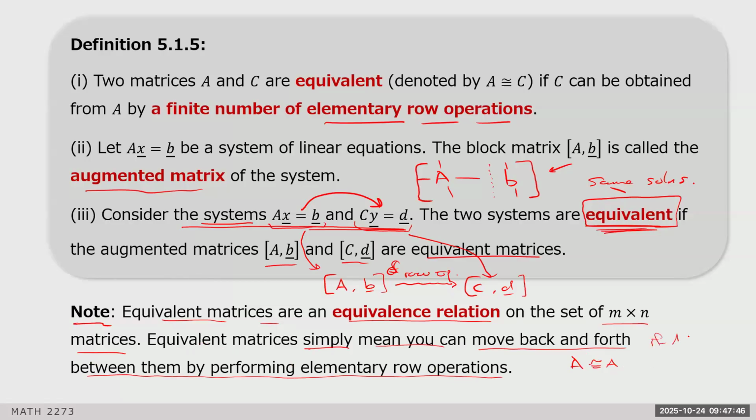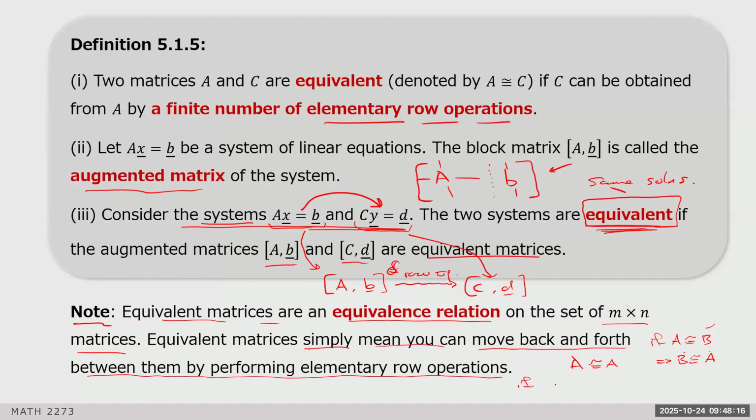If a matrix A is equivalent to a matrix B, then you could show B is equivalent to A, because if A is equivalent to B, then you could perform some elementary operations to get to B. So how to go from B to A? You just reverse the operations you did. So if you switch two rows, switch them back. If you multiplied one row by 5, multiply that row by 1/5. So you just undo the operation.